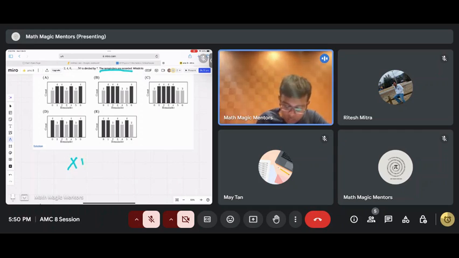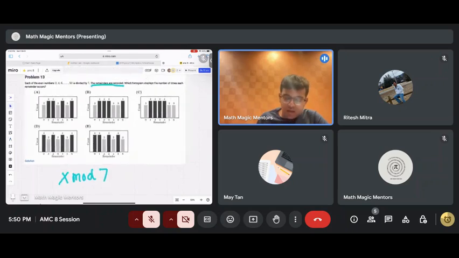We are getting x mod 7. So these are the remainders that are arranged in the histogram, and it asks which histogram shows the number of times each remainder occurs.